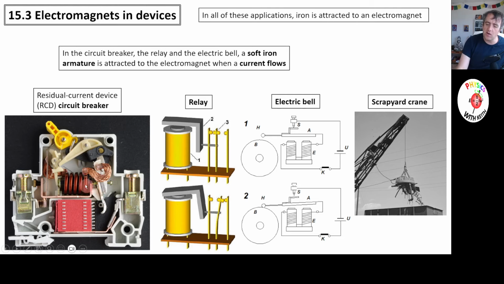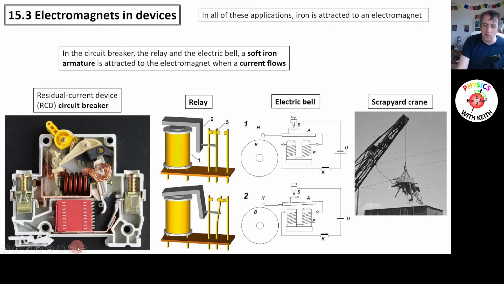Now with the residual current device, this is a component which takes the place of a fuse. Unlike a fuse, where inside the fuse, when there's too much current, a wire melts and you've got to replace the fuse, with this one, if there's too much current, the magnetic force on the iron armature becomes so strong that it can pull the iron armature, disconnecting the circuit.